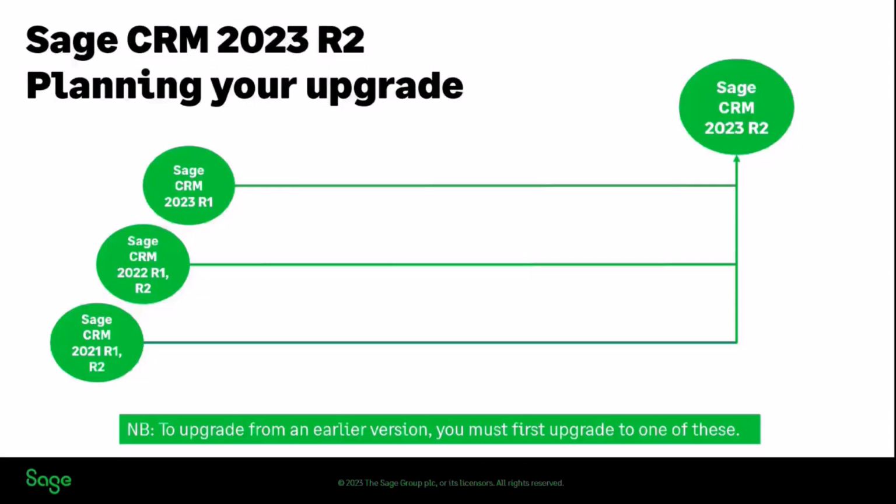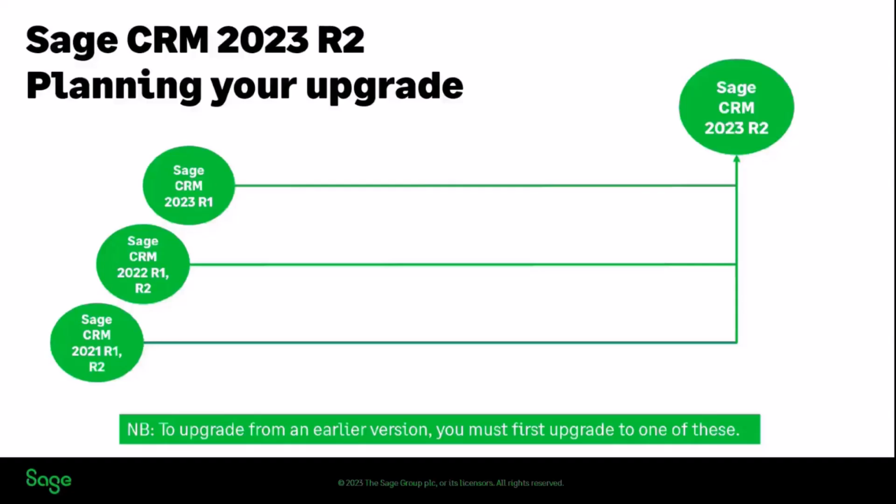Now, in terms of our upgrade paths, as of 30th of September, version 2020 R1 and R2 are no longer supported. We did not test the upgrade paths from them.